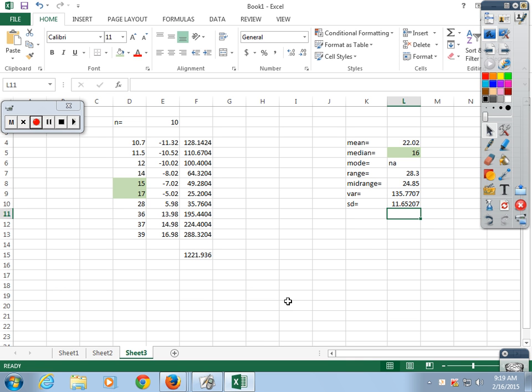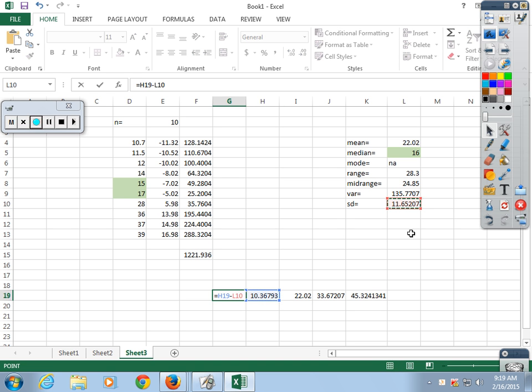So if you want to do your normal distribution curve, that's equal to the mean, and that's equal to this plus this, and that's equal to this plus this, and that's equal to this minus this, and equal to this minus this.